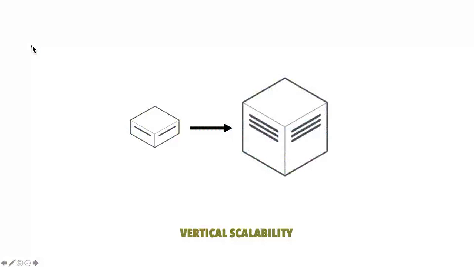You don't need to change the application to scale vertically. It's very simple, but it is very limited because you can only go so far adding power. There is an upper bound, and it gets exponentially more expensive to do.